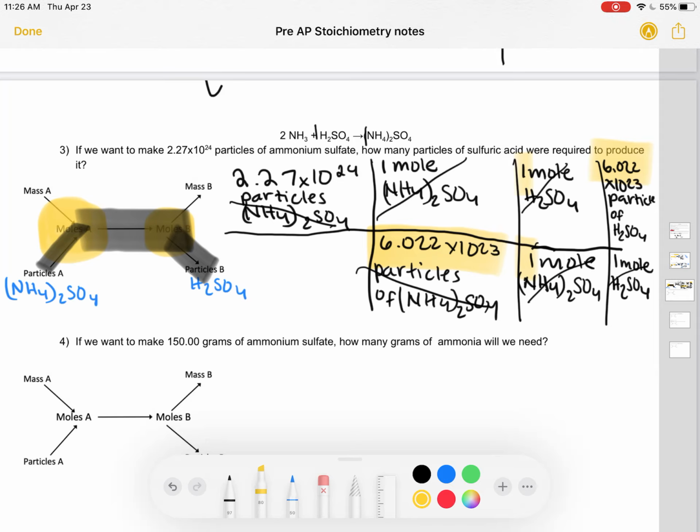Because remember, the amount of particles in a mole doesn't change from one molecule to the next. So our answer here, annoyingly, and yes, you would have to show all your work, is going to be 2.27 times 10 to the 24 particles of H2SO4. You don't have to put this in your calculator because everything cancels out.